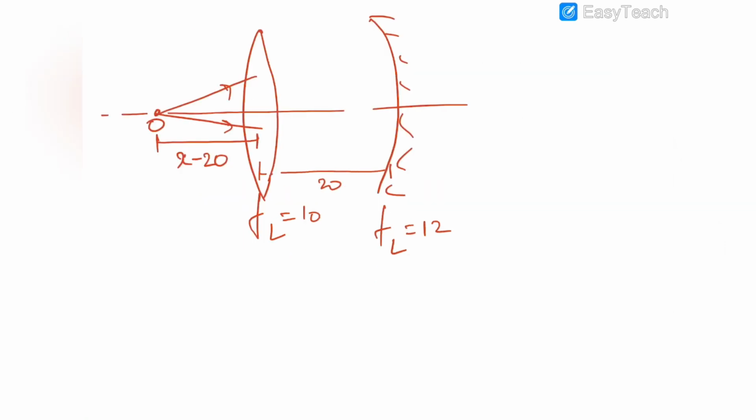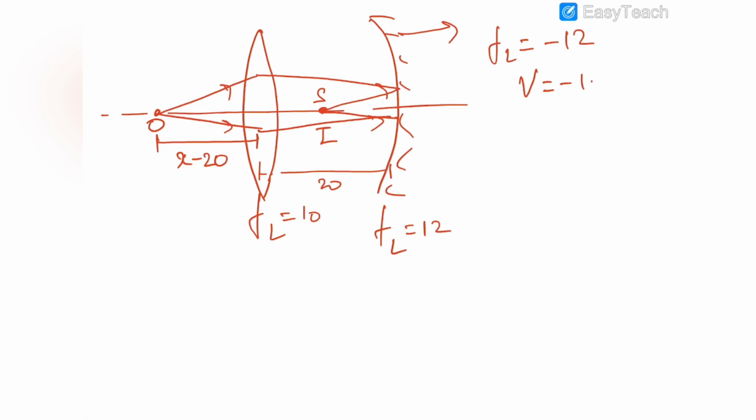We can see that if this is the case, the image from this lens is somewhere at this point, and after reflection the image is formed exactly at S. So for this mirror we can say that F is equal to minus 12 and V is equal to minus 10, because the image of this mirror should be at this point, which is at a distance of 10. So let us find out U.